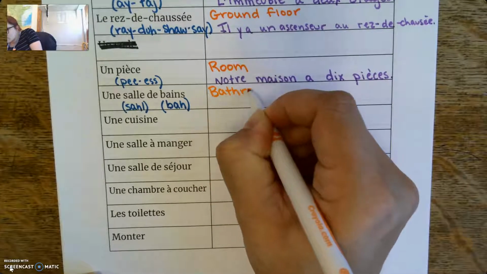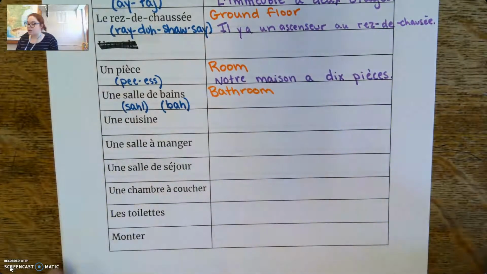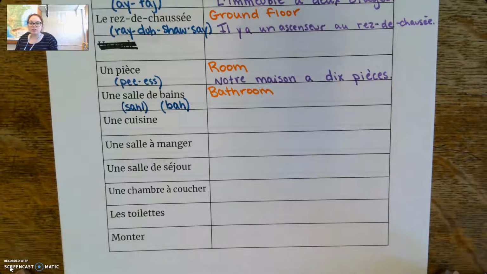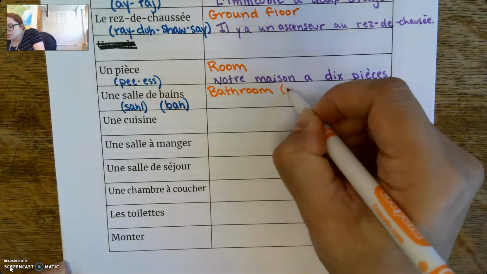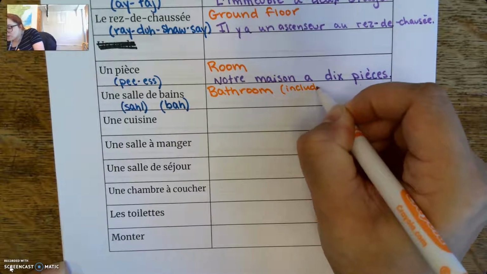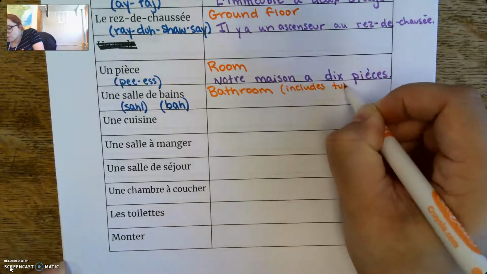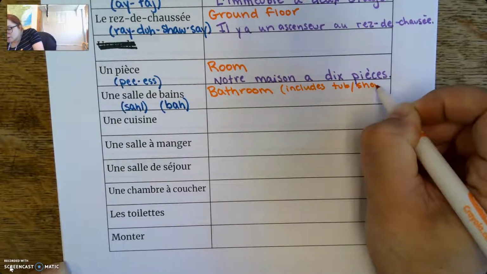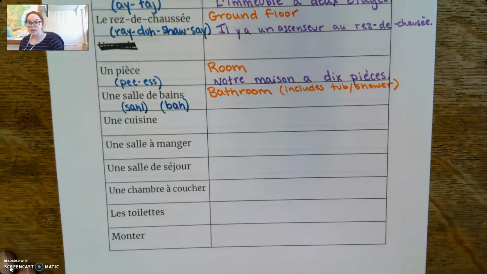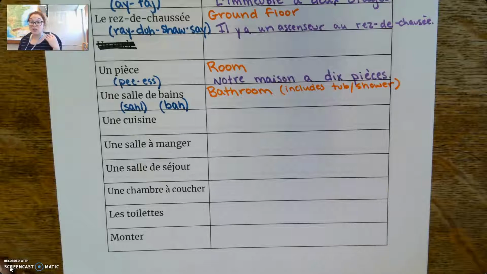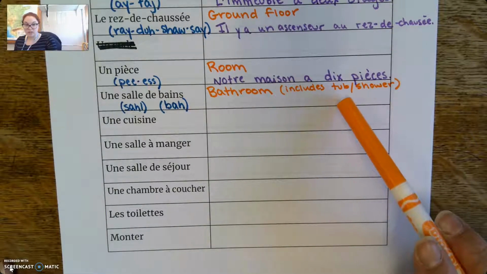So in France and a lot of other countries, bathrooms aren't just like a room that at least has a toilet and a sink. So une salle de bain is a bathroom, and it includes a tub or shower. So, interestingly enough, not every salle de bain in France is going to have a toilet. But there is definitely going to be a tub or a shower.